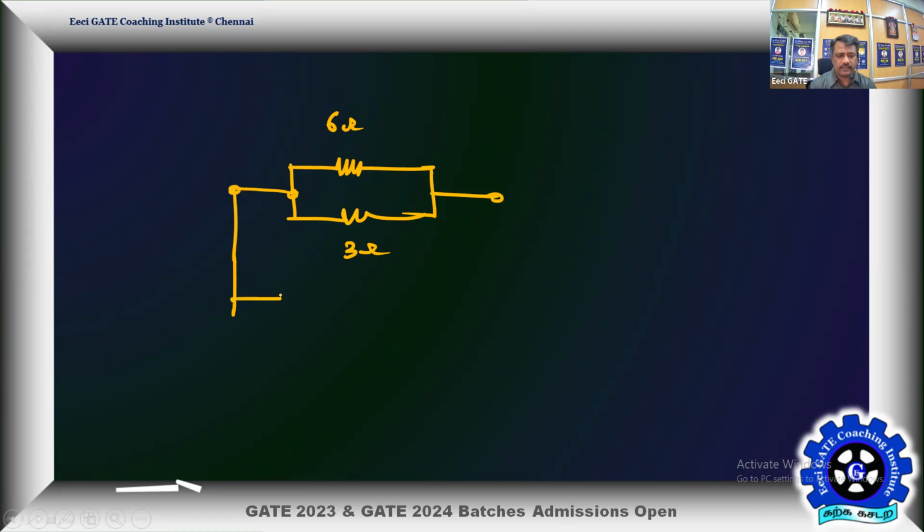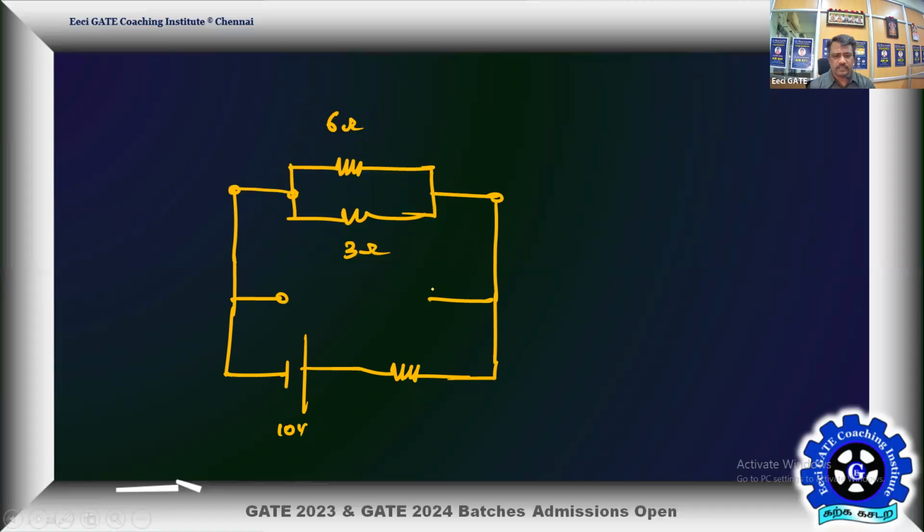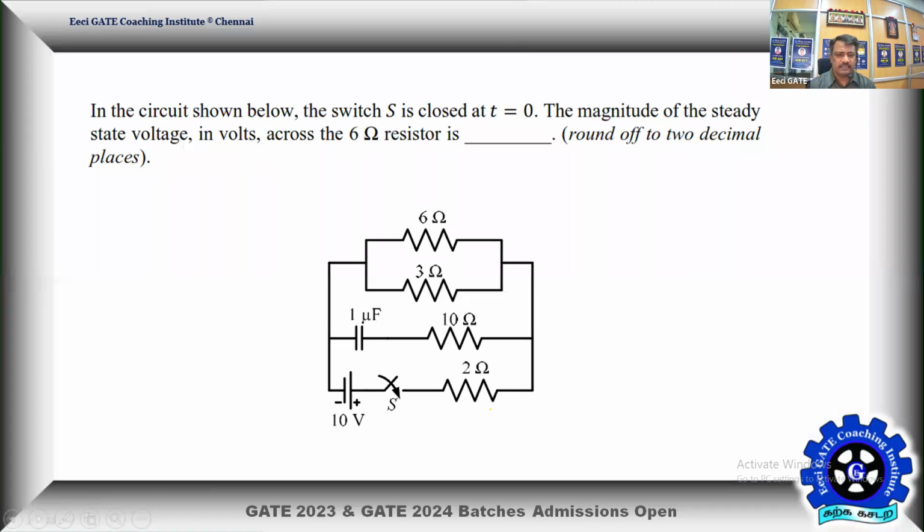Here, the capacitor branch resembles an open circuit because there is no current in that path. And here we have a 10 volt battery and then a series resistance, given as 2 ohms. So we are looking for the voltage across the 6 ohm resistor.